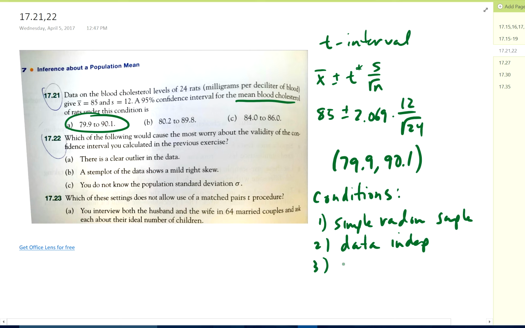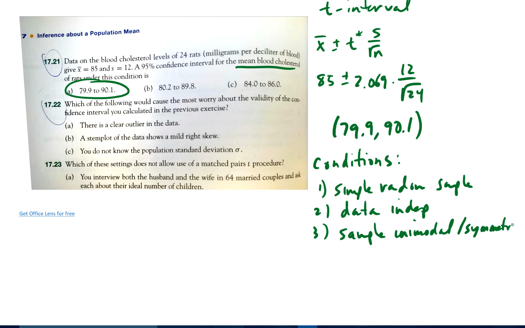And thirdly, my sample has to be a good sample, unimodal and symmetric, or large. When we say large, we mean greater than or equal to 30. Since it's 24 rats, we're not quite there, but we're close.